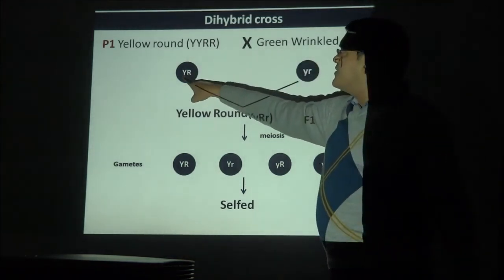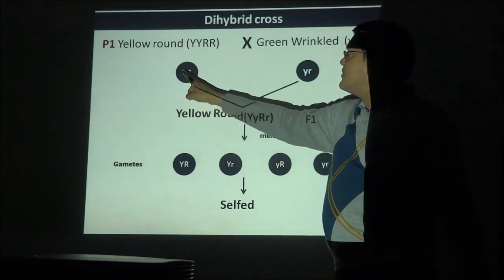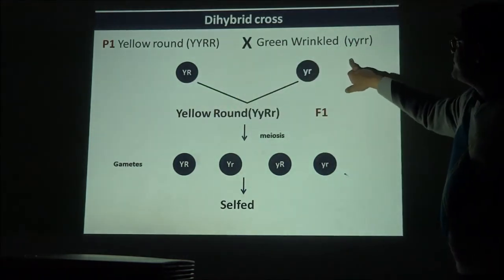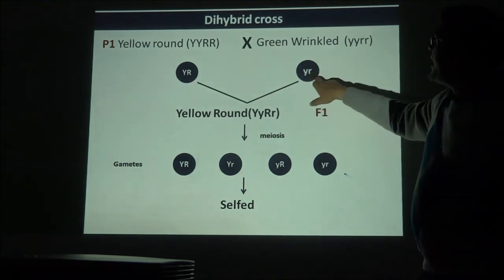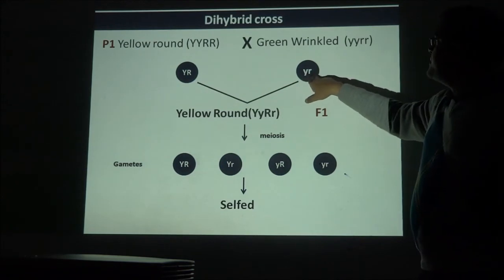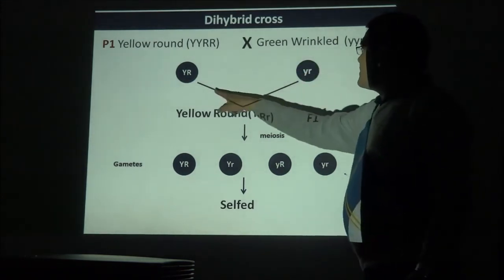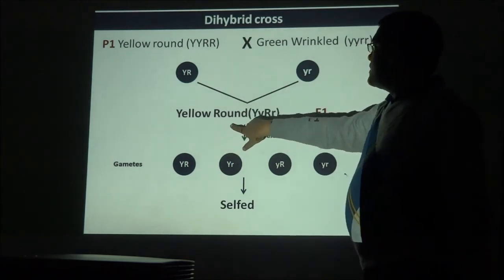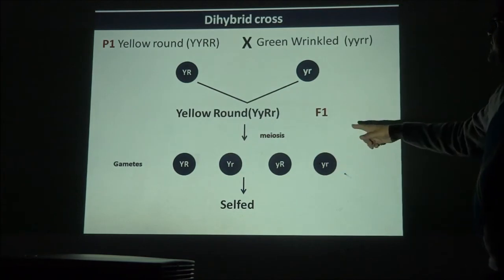You have one type of gamete which carries the dominant alleles for color and shape, and the other type of gamete which carries the recessive alleles for color and shape. Then in the F1, the two come together, giving you heterozygous yellow round. And then these are selfed again.